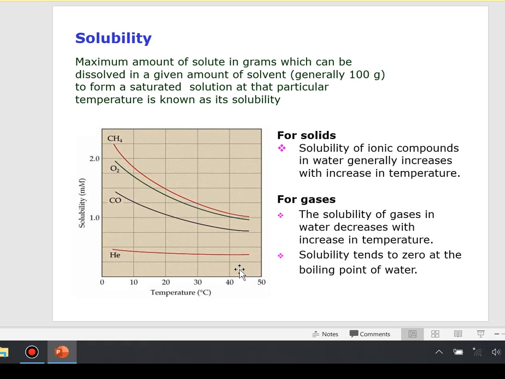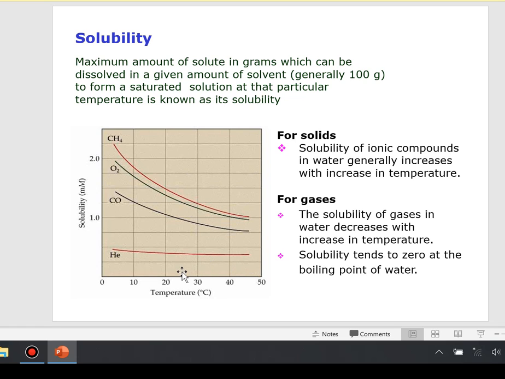For solids, the solubility of ionic compounds generally increases with increasing temperature. For gases, the solubility of gas in water decreases with an increase in temperature, and the solubility tends to zero at the boiling point of water.